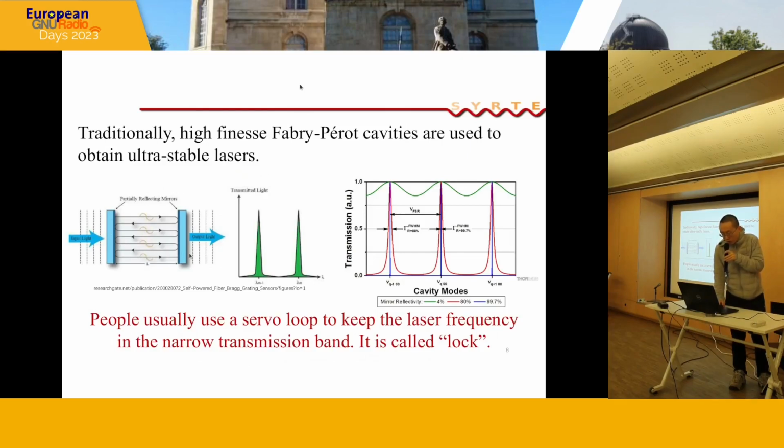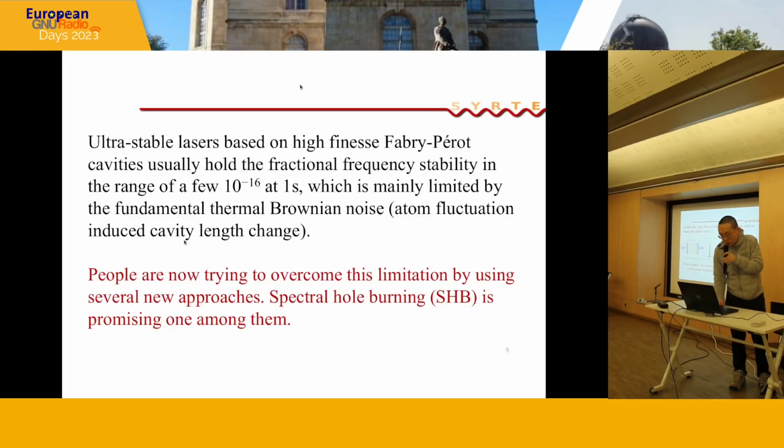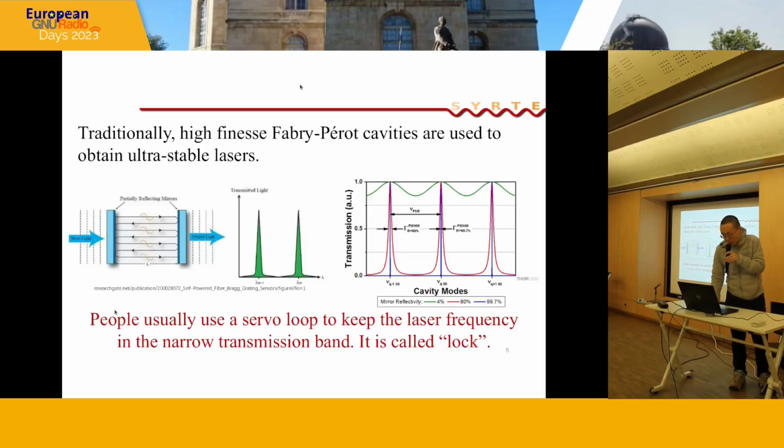Here is the illustration of the Fabry-Perot cavity. As you can see, the light gets into the cavity. The cavity is formed of two partially reflective mirrors, and once the light gets in, it goes through several rounds of propagation, and finally gets out of the cavity.